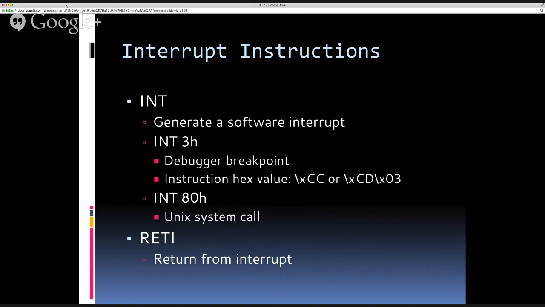When you tell it to step over a function, it's going to overwrite the first byte of the return address with the CC. So basically, it will run, and then as soon as it returns from that call, it hits that CC, and then you've got control again in your debugger. And int 80 is another common one. This is for Unix system calls.